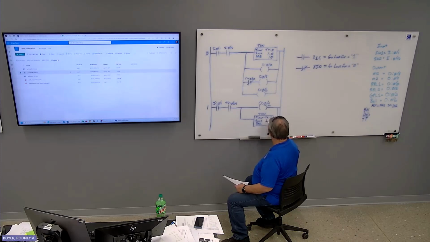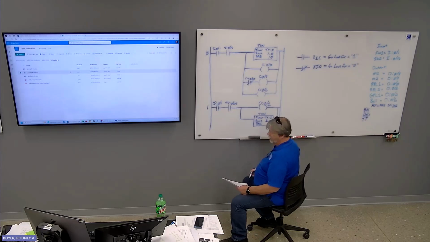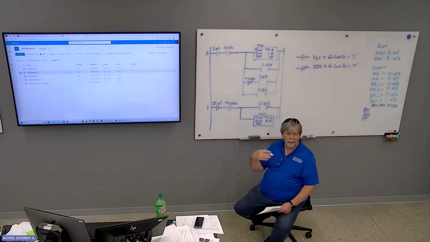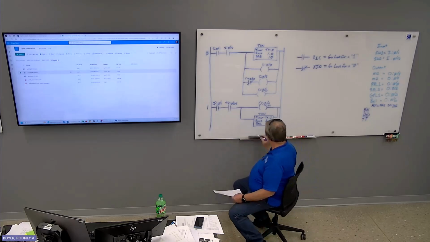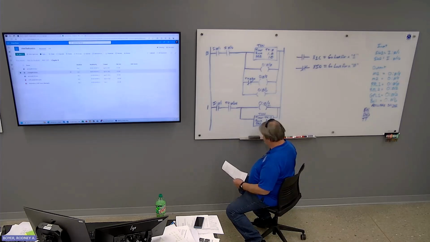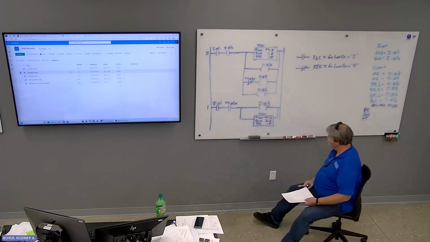T41, let's leave our time base as 1 second on all these because we're dealing with whole seconds. You only need to use the other ones if you're doing fractions of a second. And it says 15 seconds, right? Yes. So preset's 15.